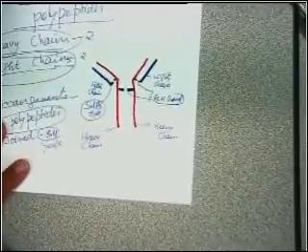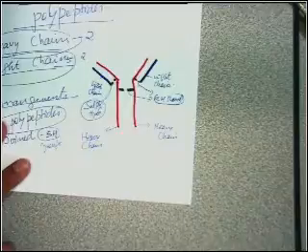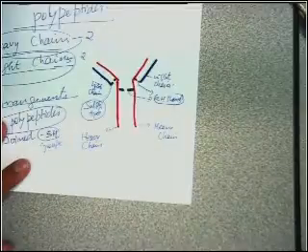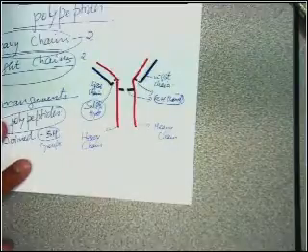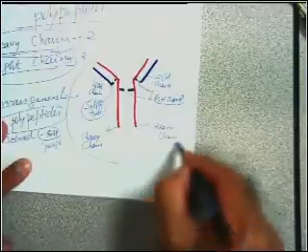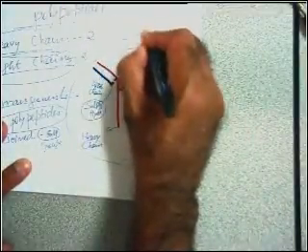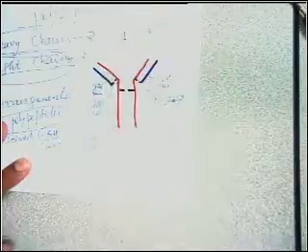This is how this antibody molecule looks, how it is arranged, and how the chains combine: two light chains and two heavy chains. So we are seeing one antibody molecule. Everything put together is one antibody molecule. This is the structure of this molecule.